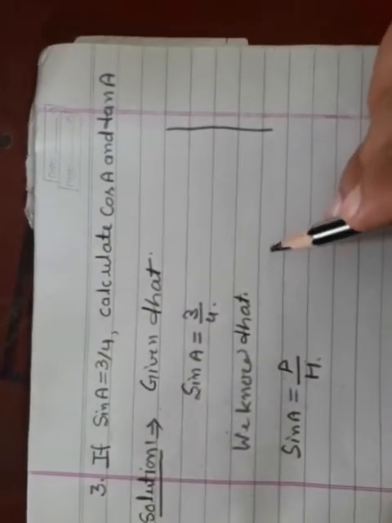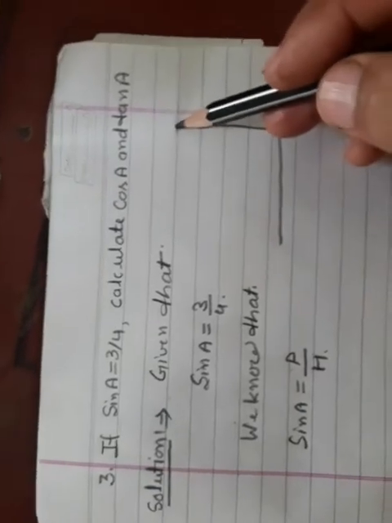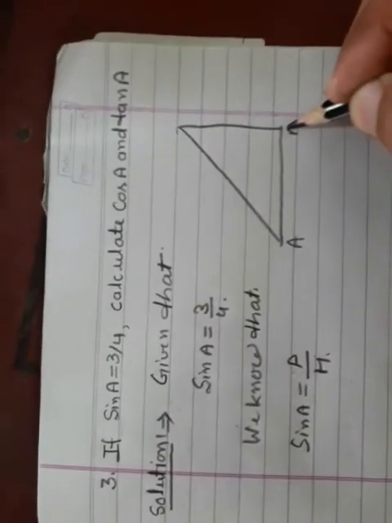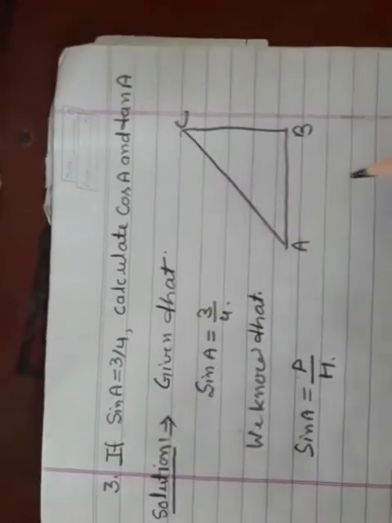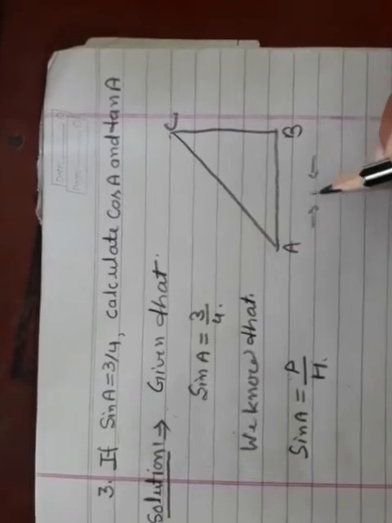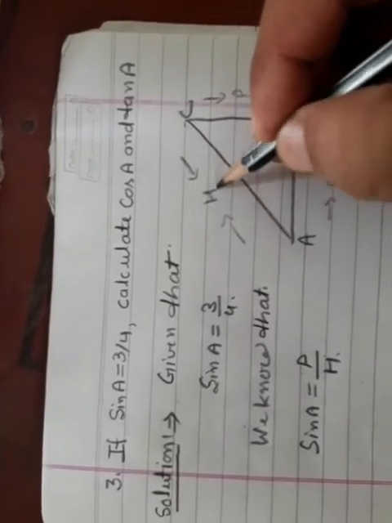Take here the right angle triangle, this one A, B and C. This one is the base, this one is the perpendicular and this one is the hypotenuse.